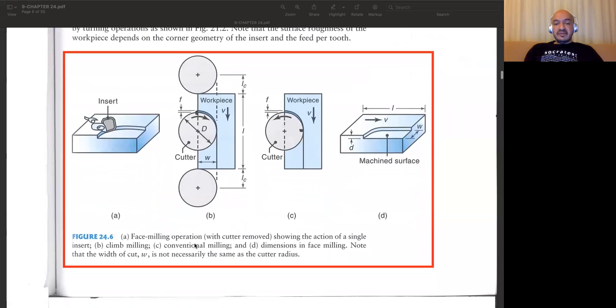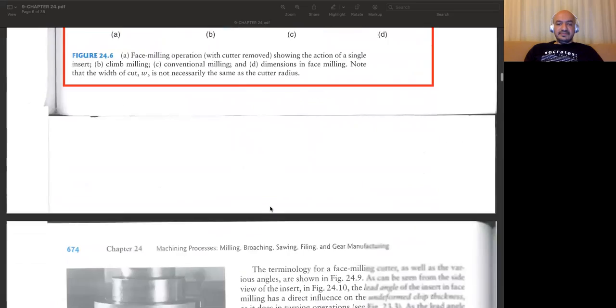And as in the case of peripheral milling, again we have climb milling and conventional milling, but the idea is the same. In climb milling, as you see, the motion of our workpiece is in the same direction as the cutting operation, but in conventional milling, again, the directions are opposite.